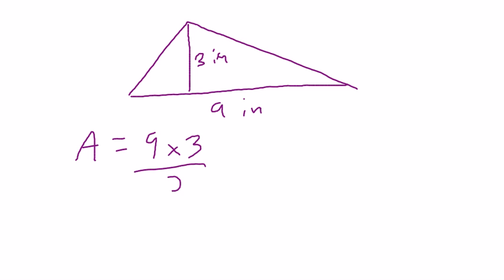It has a base of 9 inches and a height of 3 inches. The area would be 9 times 3 divided by 2, which equals 27 divided by 2, which is 13.5 inches squared.